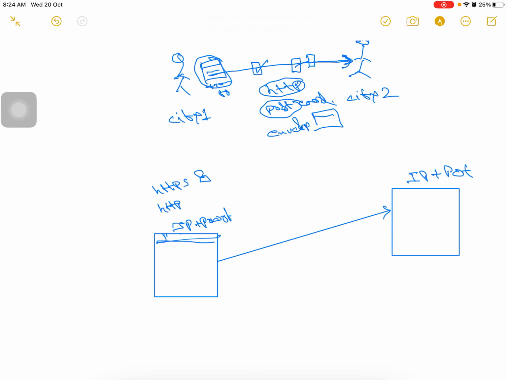This person will write some information, put that piece of paper in the envelope cover, and put it in the postal network. The other person will receive it, open that envelope cover and read the information. This envelope cover we can relate to HTTPS because it is secured.